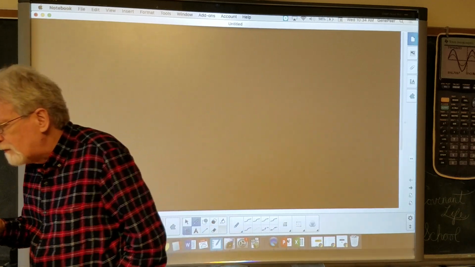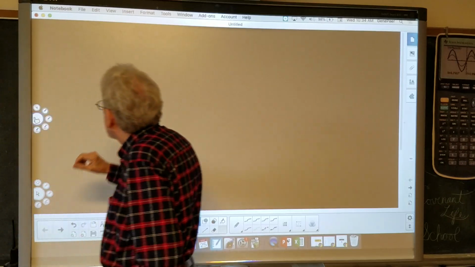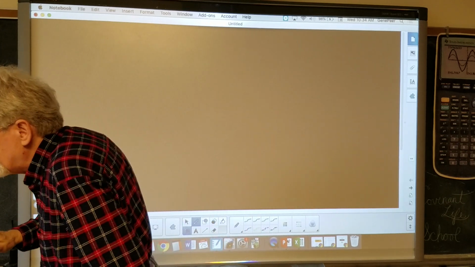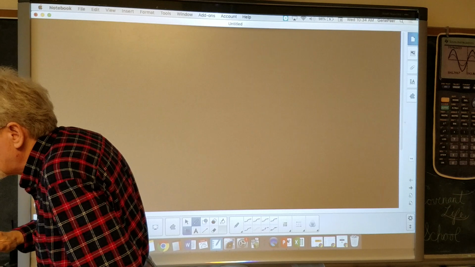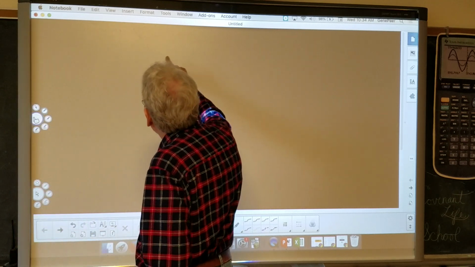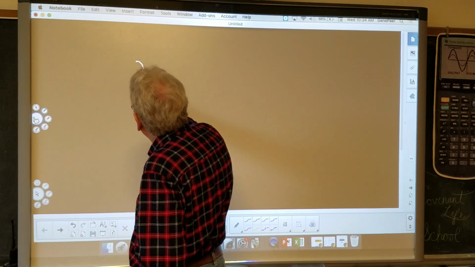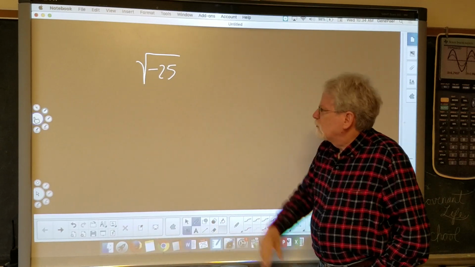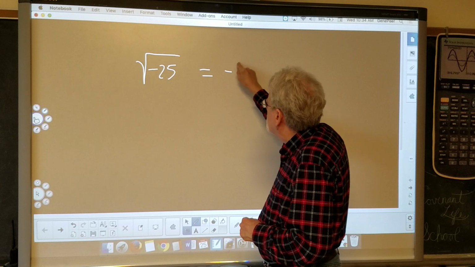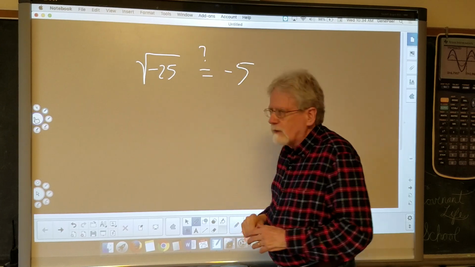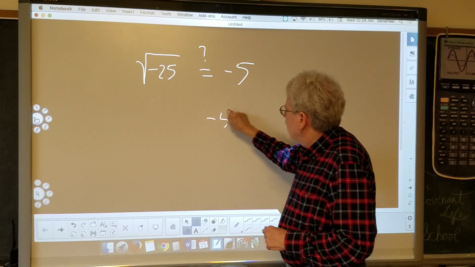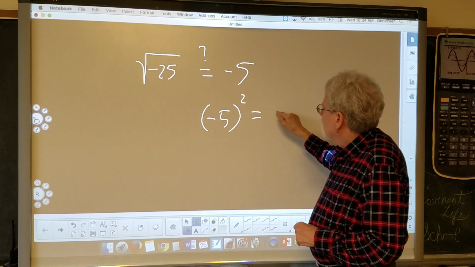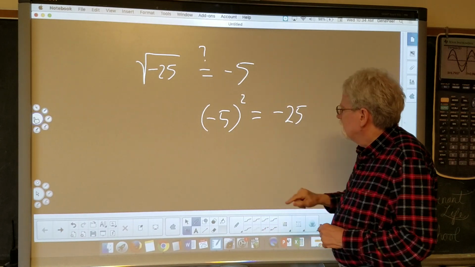Now, things to remember here. Consider the square root of negative 25. Beginners will look at that and say, oh, it's obviously negative 5, isn't it? Well, think about it for a second. Is negative 5 squared equal to negative 25?